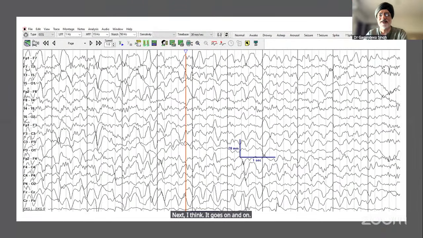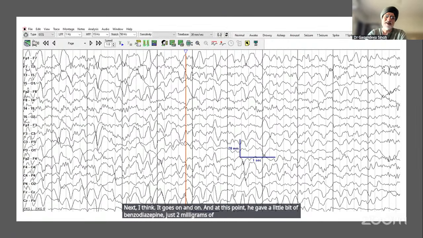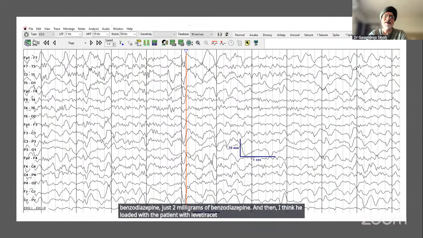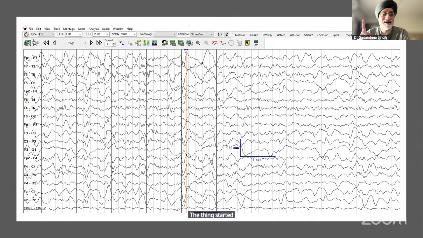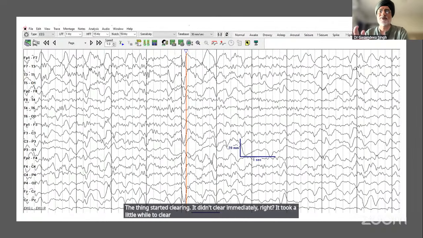And at this point, he gave just 2 milligrams of benzodiazepine, and then I think he loaded the patient with levetiracetam, right? And the thing started clearing. It didn't clear immediately, right? It took a little while, about half an hour or so, for the discharges to disappear.